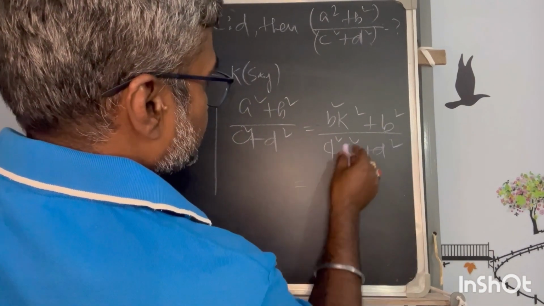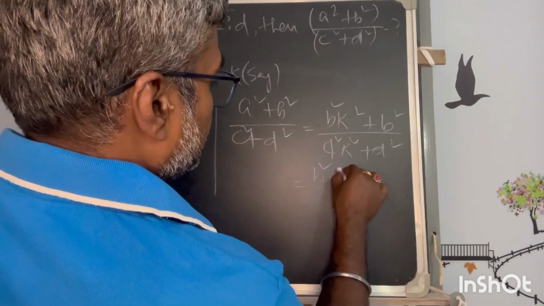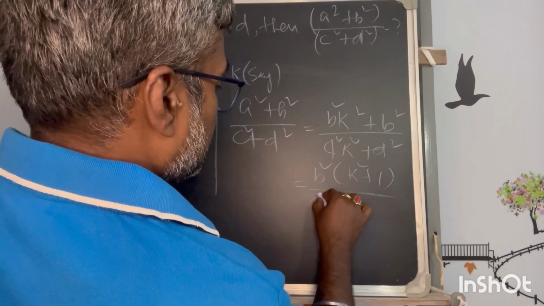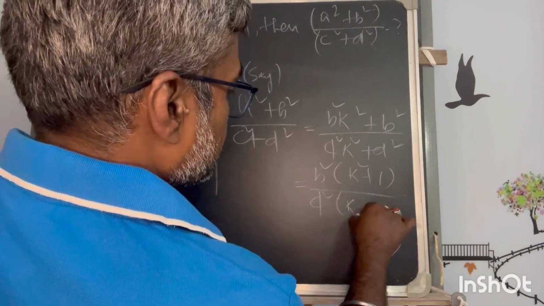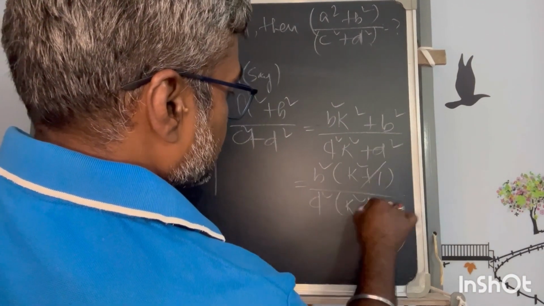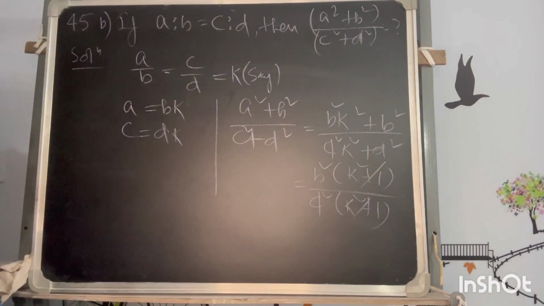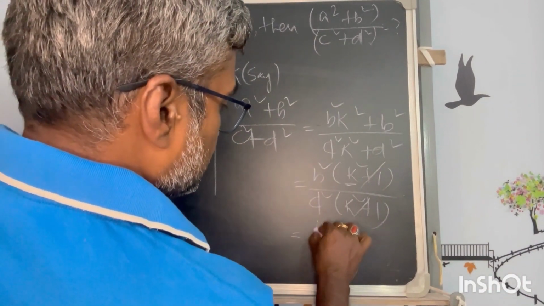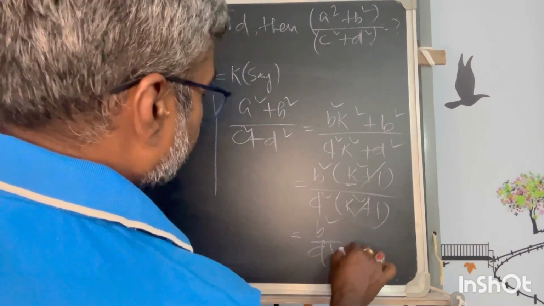Now if I take b square common, this is k square plus 1, and if I take d square common, this is k square plus 1. Now this can be cancelled, it cannot be 0 because it is a square, that means a positive term. So this remains as b square by d square.